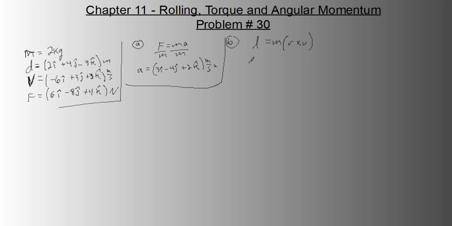Ready? I'm just going to multiply before. So 2 times 3 is 6. i cross j, so that's right, up, that's positive k. 2 times 3 is also 6. And i cross k, so to the right, towards you, that's down, so negative j.